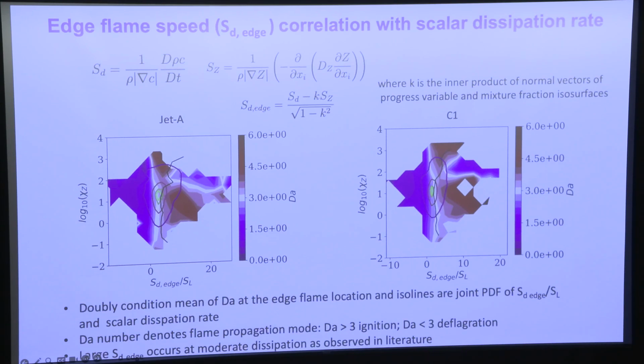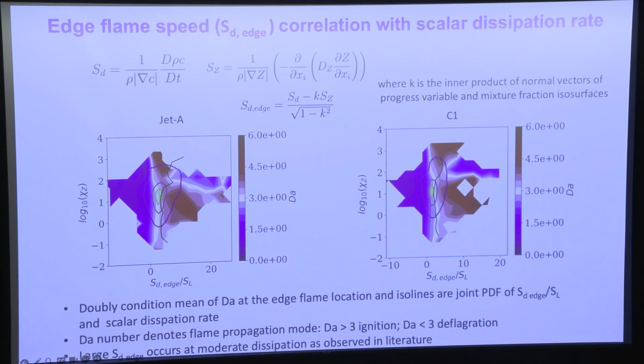And in this case, when we have partially premixed combustion at the leading edge or this edge flame, the displacement speed is defined based on both the progress variable, C, as well as the mixture fraction, Z. And so we define the displacement speed based on the progress variable as a balance between reaction, normal diffusion to the isosurface, and tangential diffusion to that isosurface.